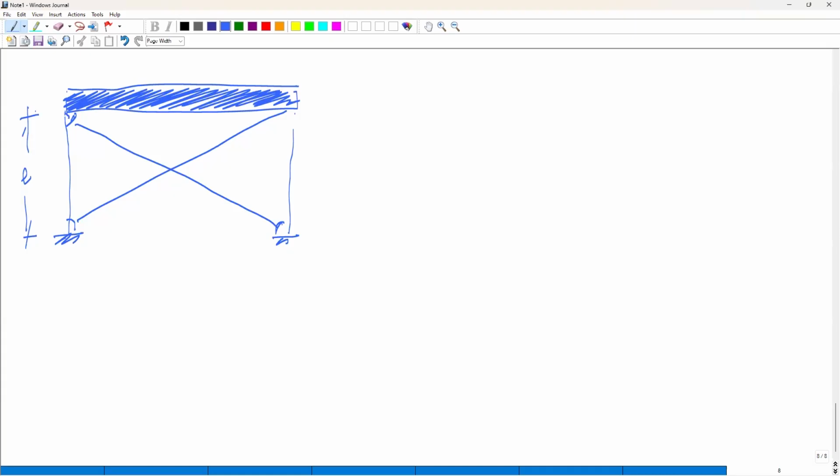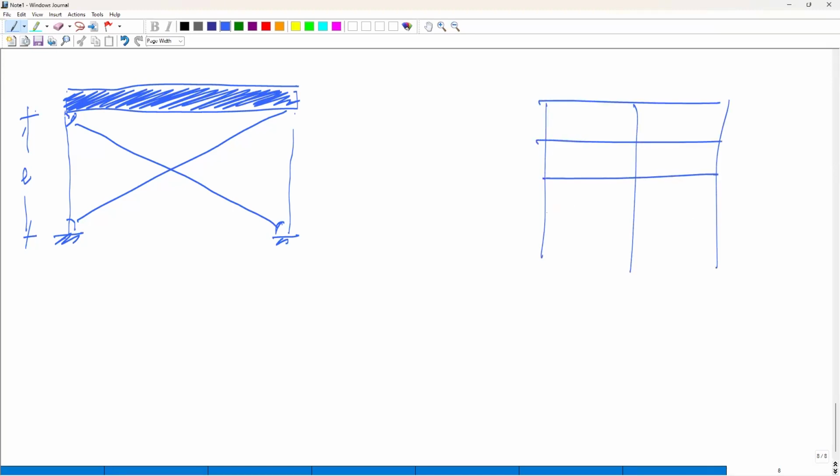You know, this is not an unrealistic assumption, because think of a cast in place reinforced concrete structure, where you can have a frame like this. Typical spans around 5 meters. Typical 3 meters.